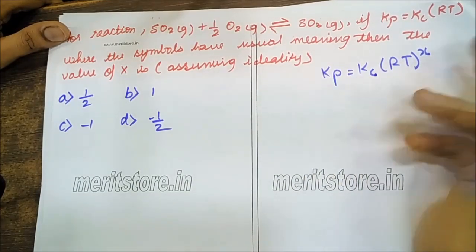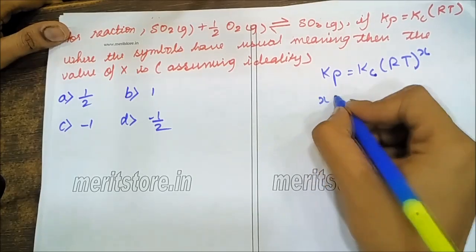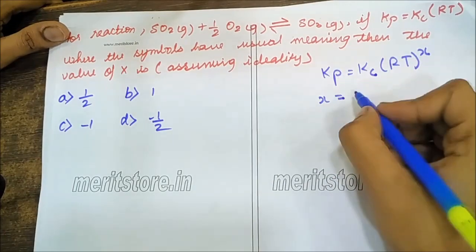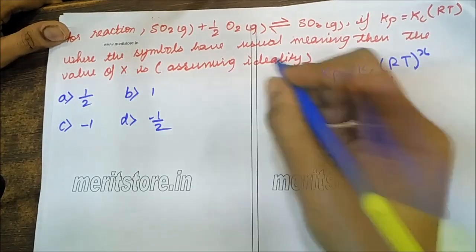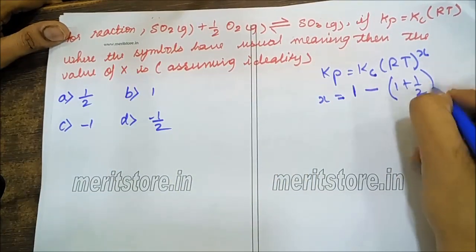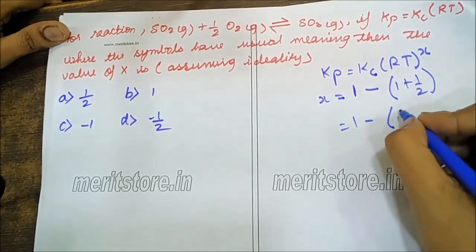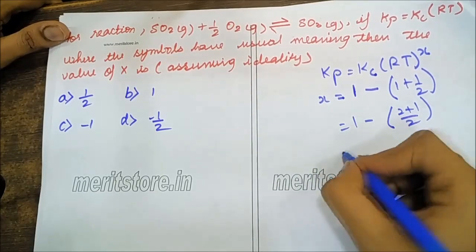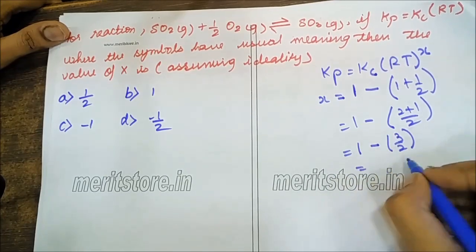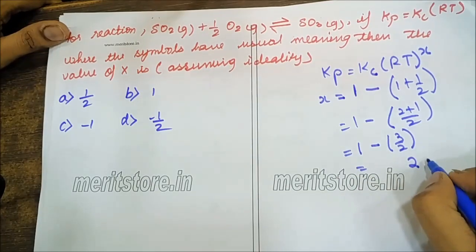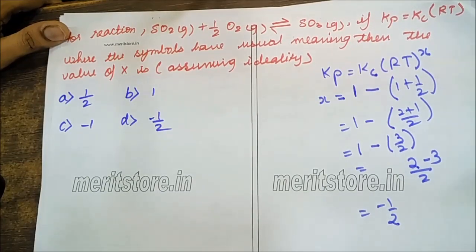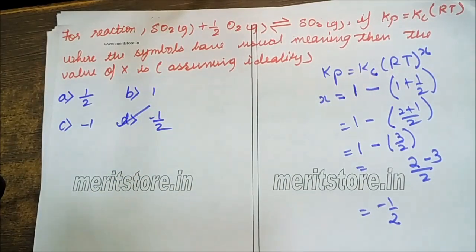X is the sum of the moles of products, which is 1, minus the sum of the moles of reactants, which is 1 plus half. So that's 1 minus 3 upon 2, so that would be 2 minus 3 the whole upon 2, which will give me minus half. So my answer is minus half.